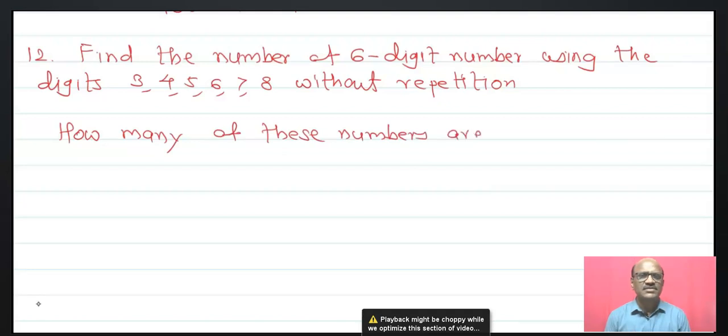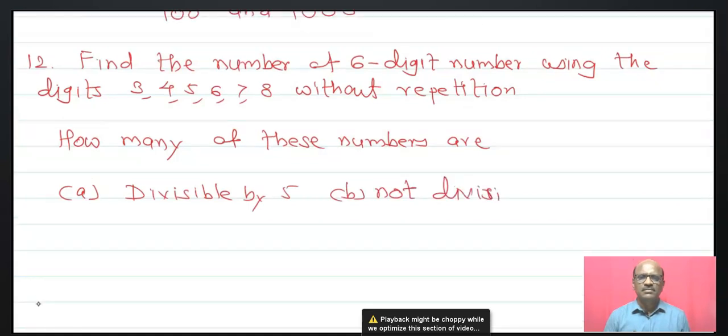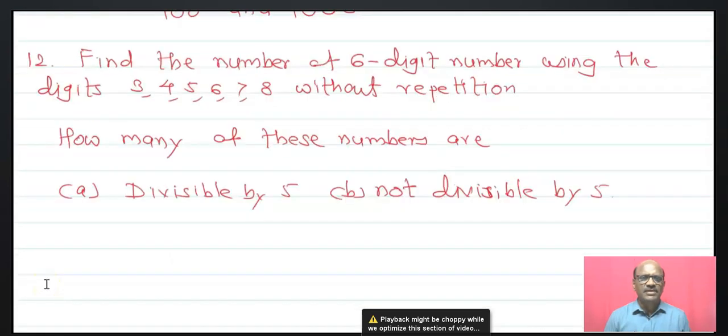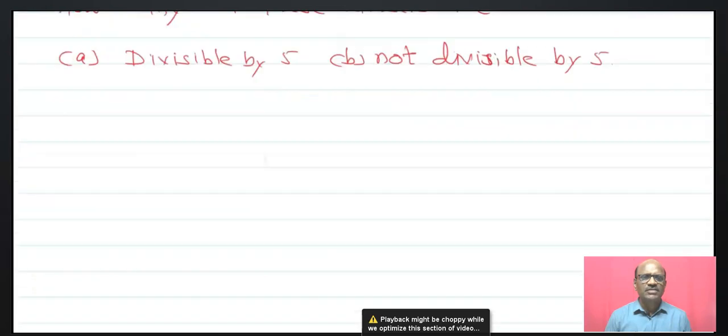That is 6-digit number formed without repetition. How many of these numbers are divisible by 5, and second, not divisible by 5.